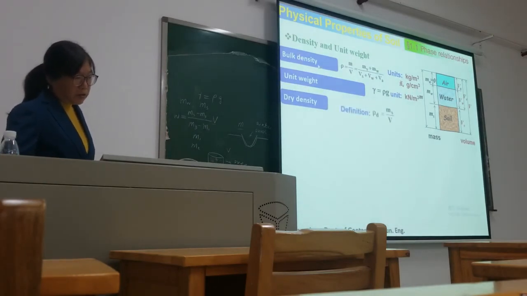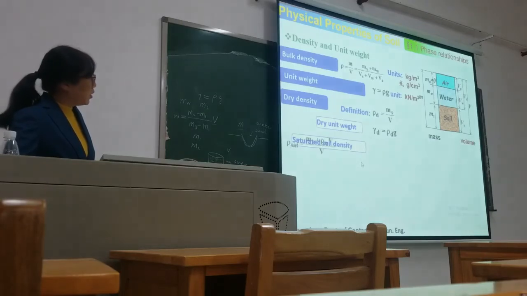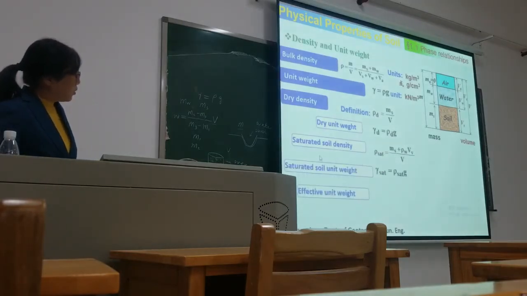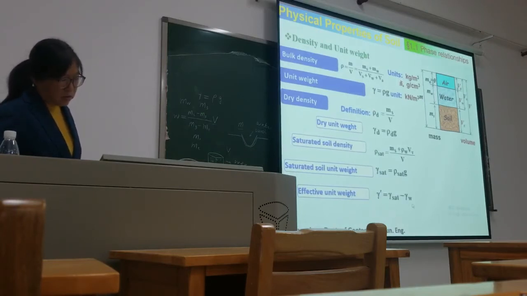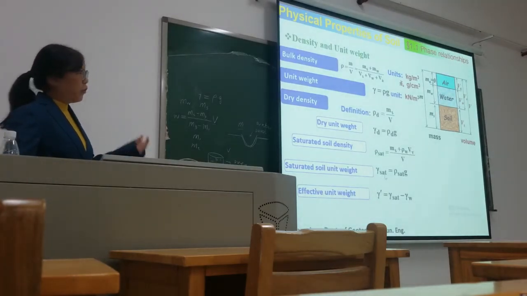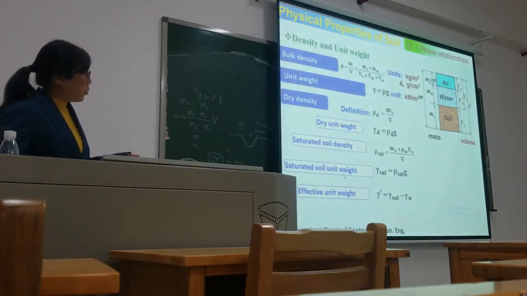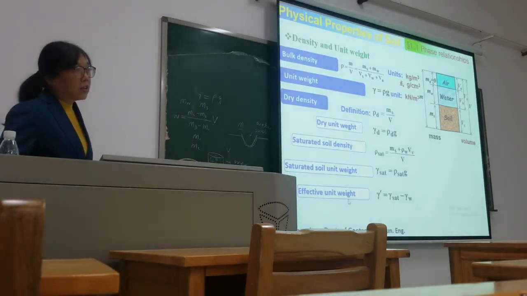Maybe bulk density or dry density or saturated soil density or effective unit weight. What is the difference between saturated soil unit weight and effective unit weight? What is the difference?